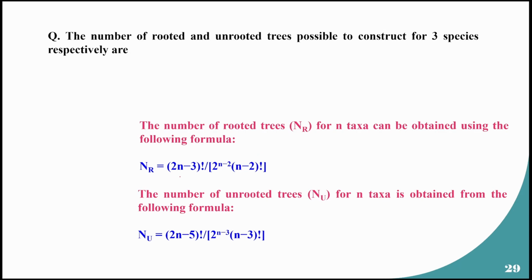If you have three species, that means n will be 3. So you have (2n minus 3) factorial divided by 2 to the power (n minus 2) times (n minus 2) factorial. And for the number of unrooted trees, you will have (2n minus 5) factorial divided by 2 to the power (n minus 3) times (n minus 3) factorial. Okay. So could you calculate for three species how many rooted and unrooted trees there could be possible?